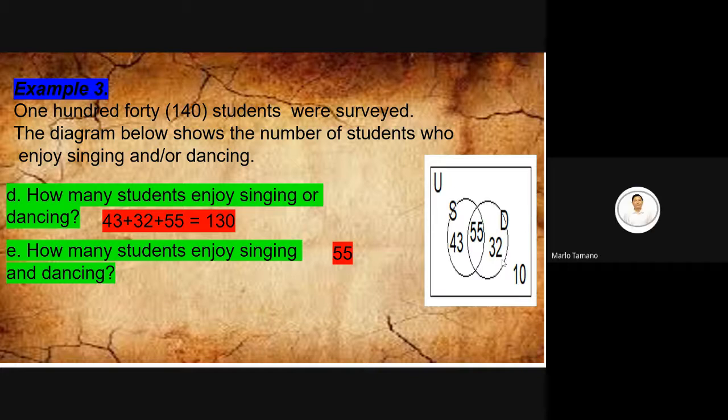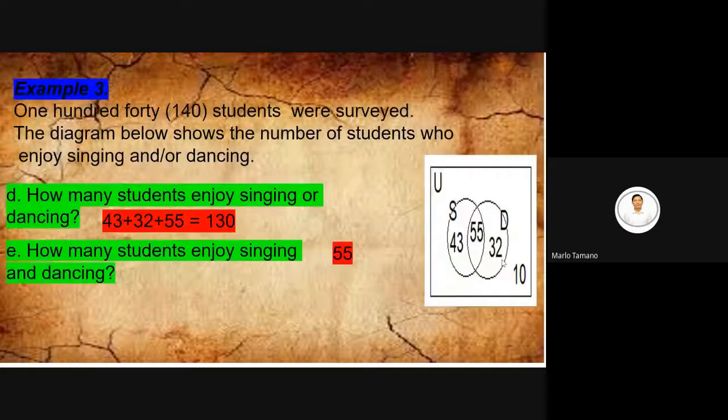Next, letter F. Ay, wala ng letter F. Ayan, meron. How many students enjoy singing but not dancing or singing only? Enriquez, go. 43 po. 43, that is correct. Tinalo kayo ni Enriquez, kaya be alert.